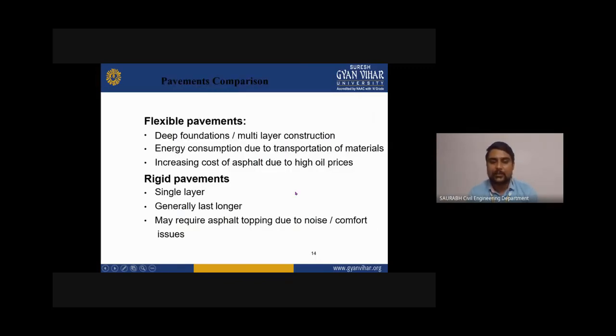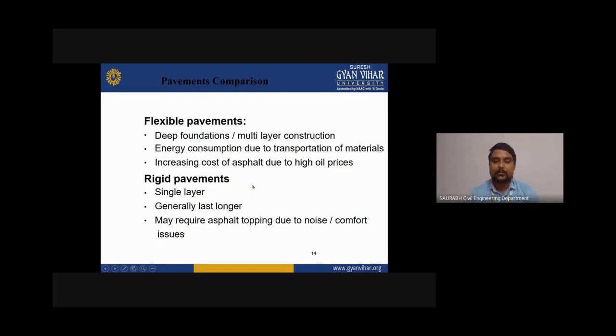Now we will see some comparison between flexible and rigid pavements. First, we will see the flexible pavement and rigid pavement. In flexible pavement, deep foundation and multi-layer construction are required.